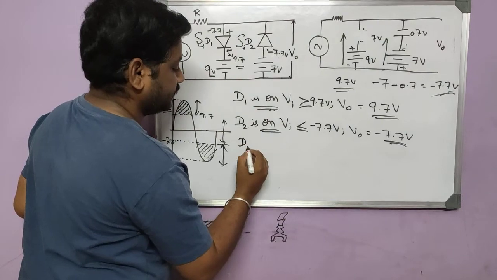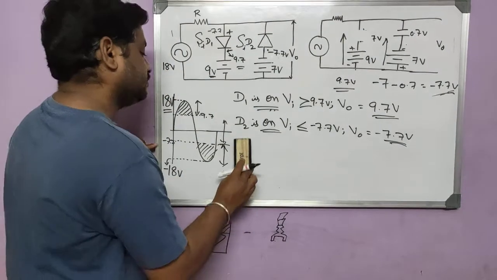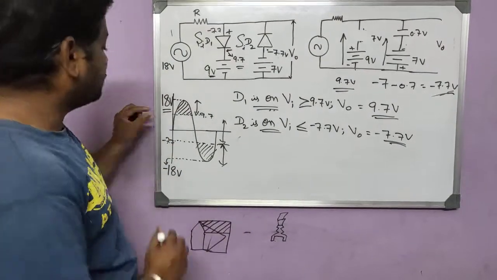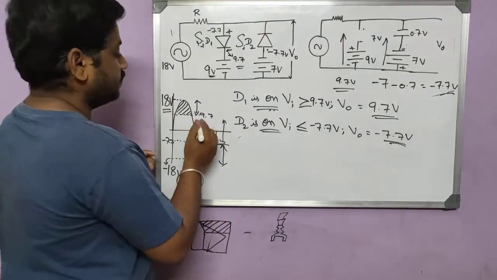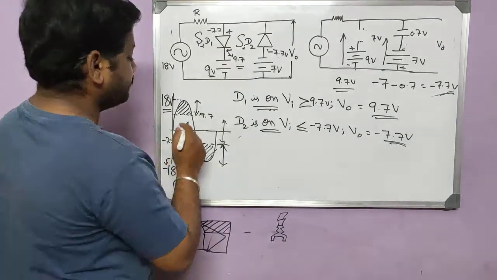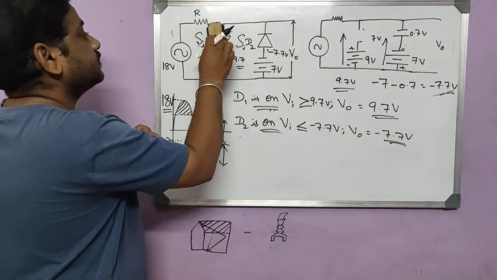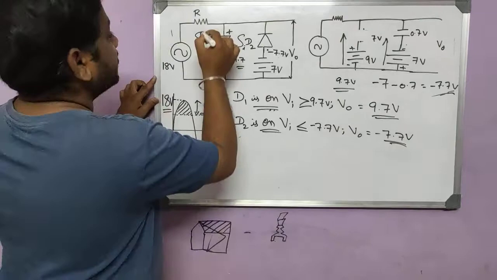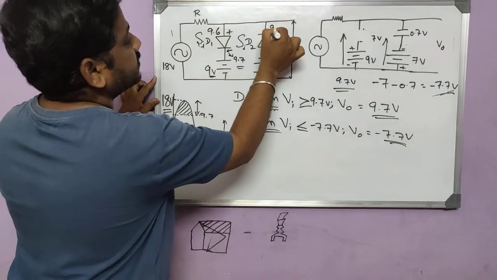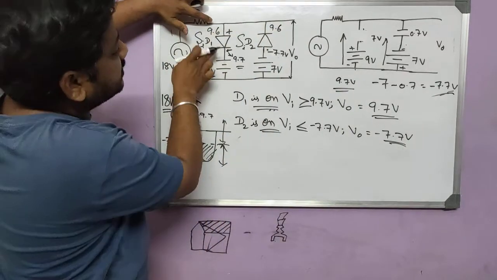For example, if the input is 5 volt or 9.6, what happens to those two diodes? Let us consider 9.6. So we get 9.6 here, even 9.6 here. 9.6 is lesser than 9.7.